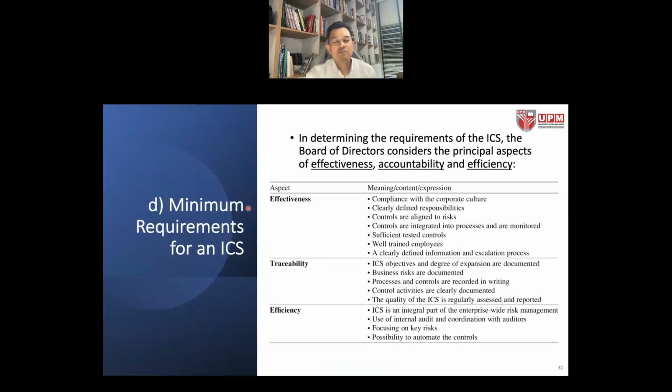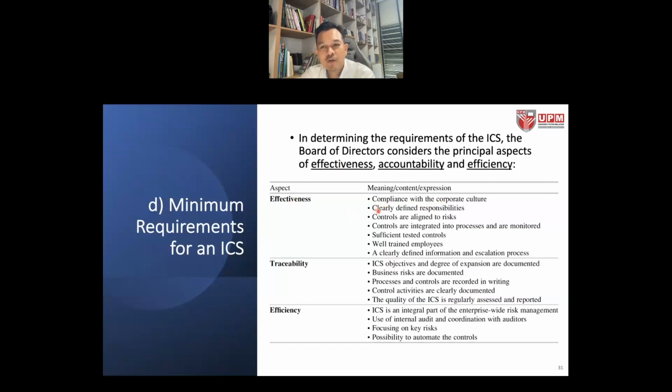Finally, the last part of today's lecture is on the minimum requirements for an ICS. In determining the requirements of ICS, the board of directors considers the principal aspects of effectiveness, accountability, and efficiency. So what do we mean by effectiveness?